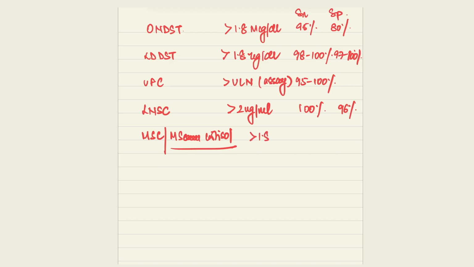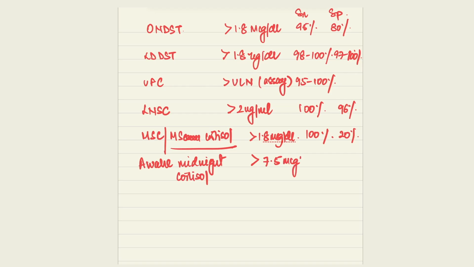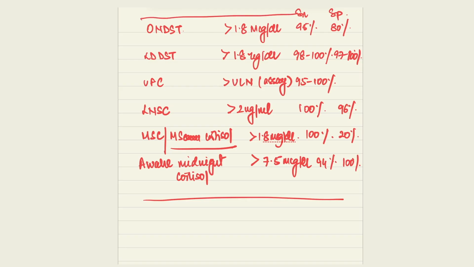If it is more than 1.8 microgram per deciliter, the sensitivity again is a perfect 100 and the specificity is very low at 20%. While the awake midnight cortisol, the cutoff is more than 7.5 microgram per deciliter and the sensitivity is 94%, while the specificity is highest at 100%. So this is in brief the tests we have done.